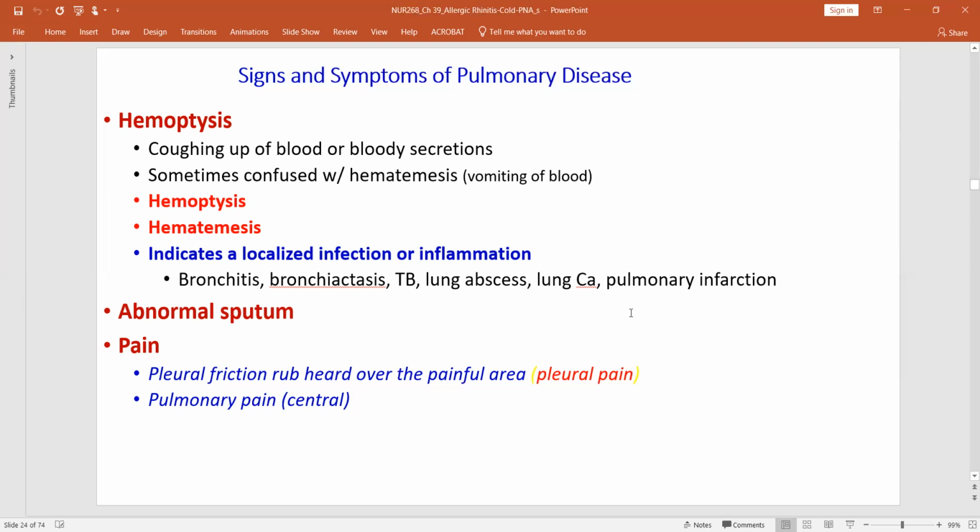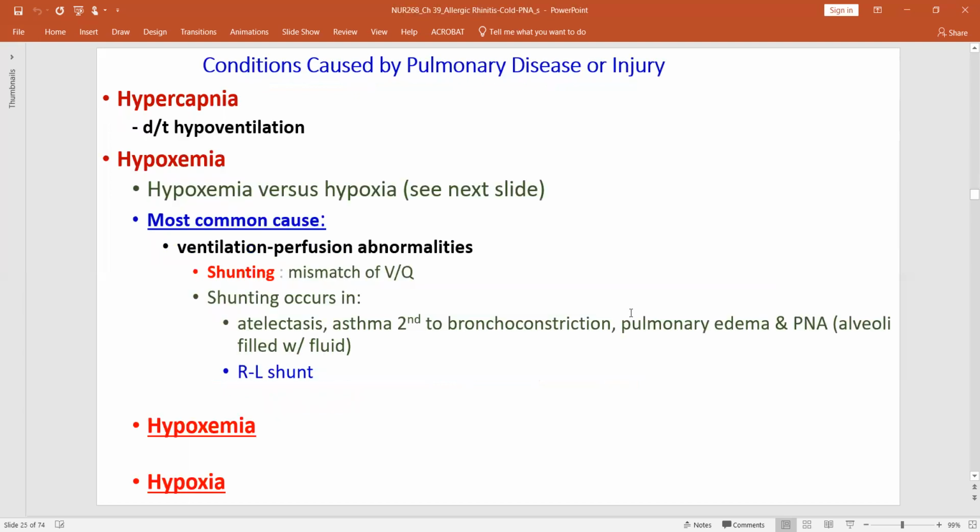Usually the patient will experience that pain when they inhale, not on exhalation, when air gets into the lungs, they will feel that pleural friction pain. Hypercapnia is due to hypoventilation, so they will retain CO2.